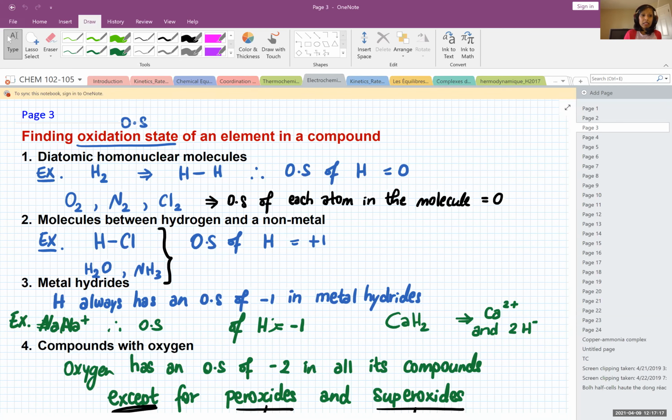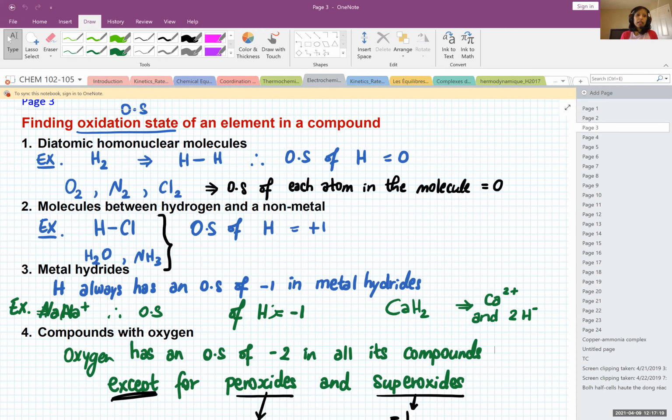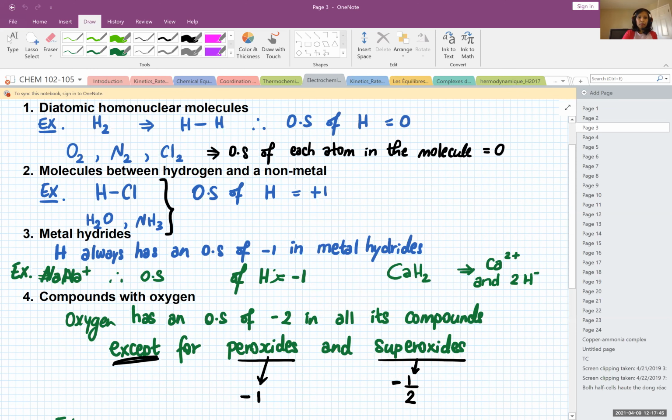First thing that you need to know: if you're looking at a diatomic homonuclear molecule, any molecule as long as two identical atoms are bonded together, the oxidation state of each atom in that molecule is 0. So that can be the hydrogen molecule. Each hydrogen has an oxidation state of 0. Same thing for oxygen, nitrogen, chlorine, anything, as long as we are looking at a diatomic homonuclear molecule.